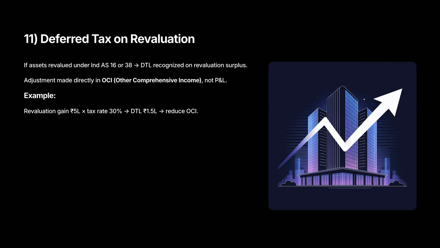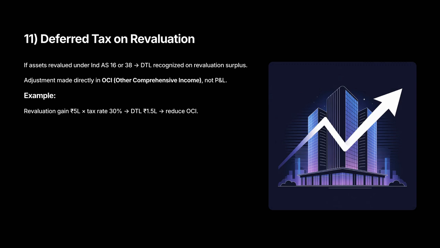Deferred tax on revaluation. If you revalue assets under IND AS 16 or IND AS 38, any resulting gain creates a deferred tax liability. Why? Because that revaluation gain will be taxable when the asset is sold.